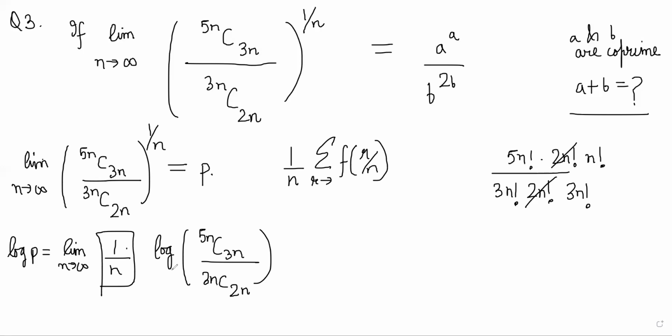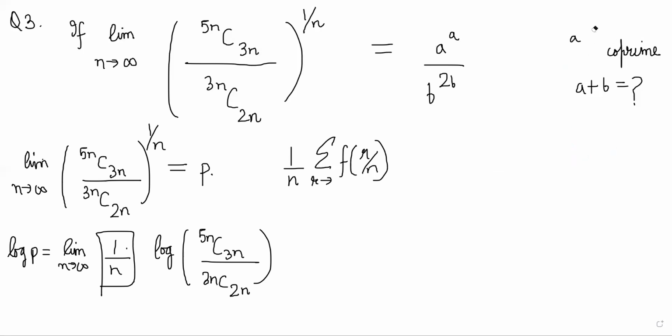This inside part is obviously a product of many numbers because it's a combinatorial coefficient. You just have to figure out how to write it as a product. So let's see what 5n C 3n looks like.